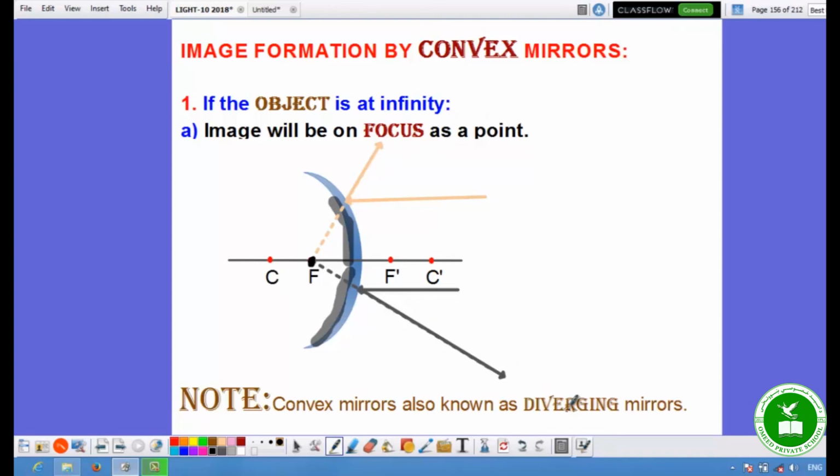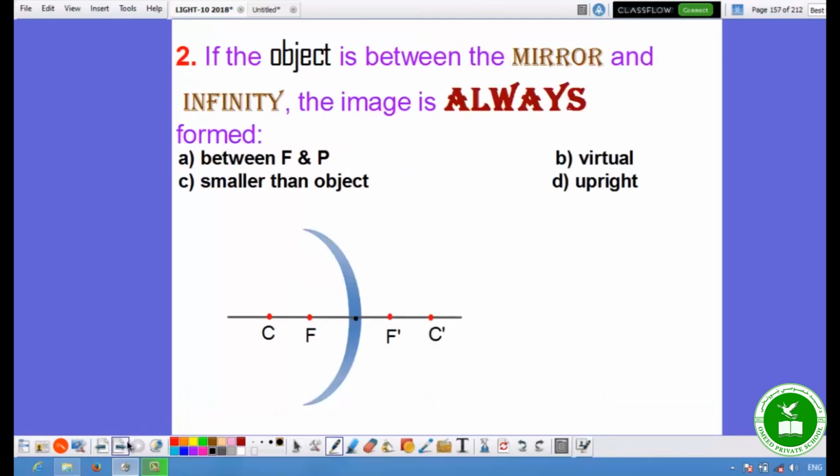Diverging means moving apart. Okay, let's continue. Second, if the object is between the mirror and infinity, the image is always formed between F and P, the pole of the mirror. Pole means this point, the center of the mirror itself.